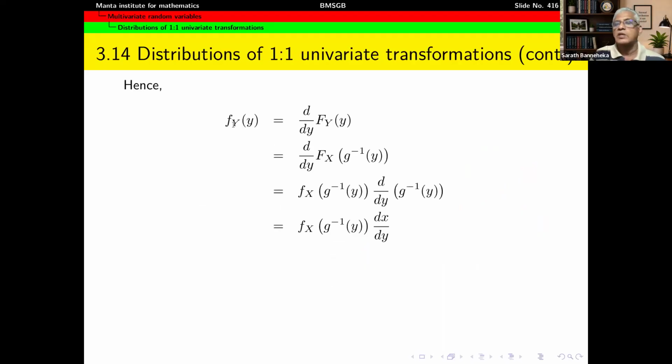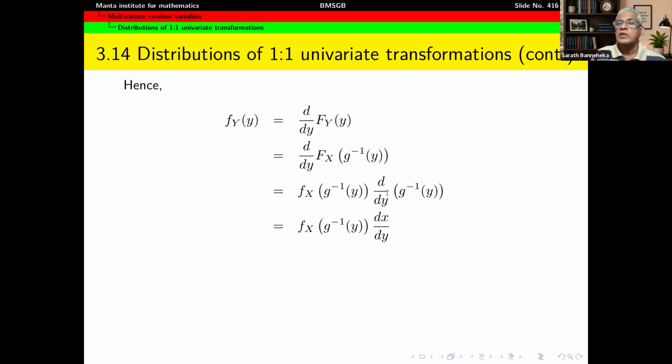The density function of Y evaluated at y is equal to the derivative of the cumulative distribution function that we derived in the previous slide. When you take the derivative, first we get the density function evaluated at this value, and then we multiply that by the derivative of this quantity with respect to y.